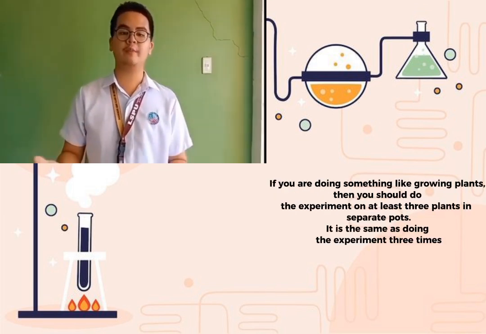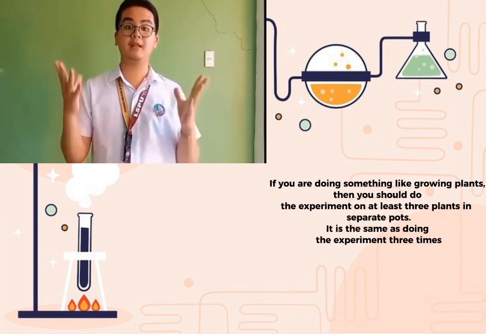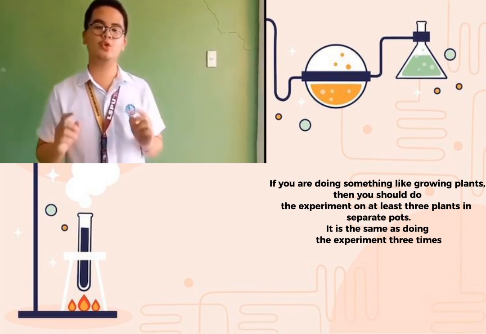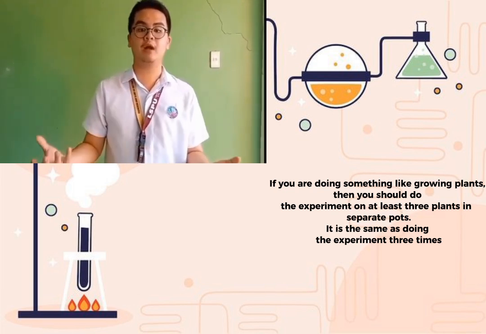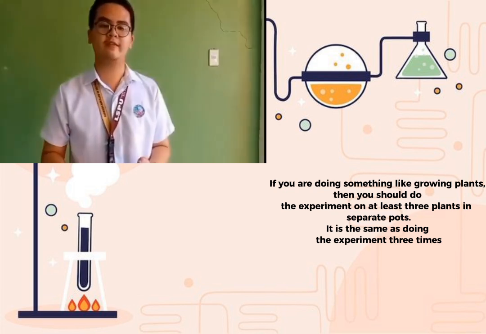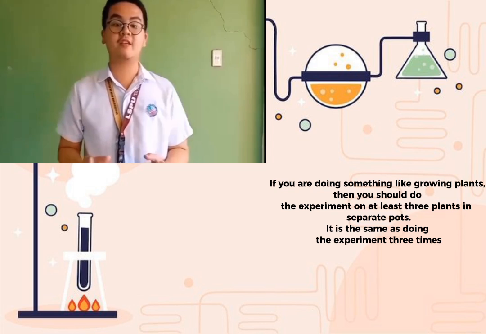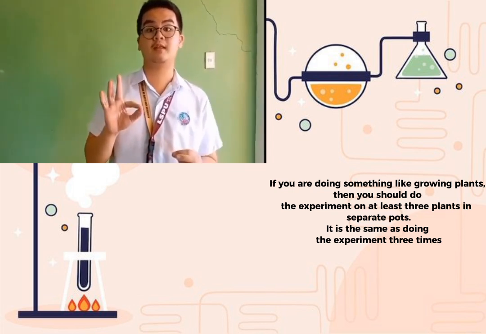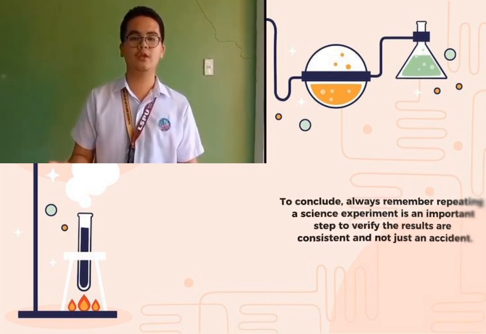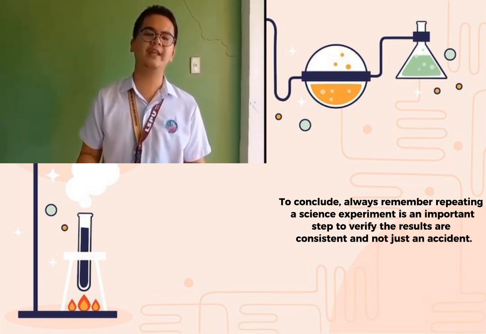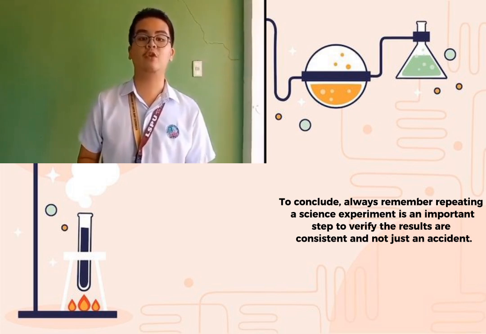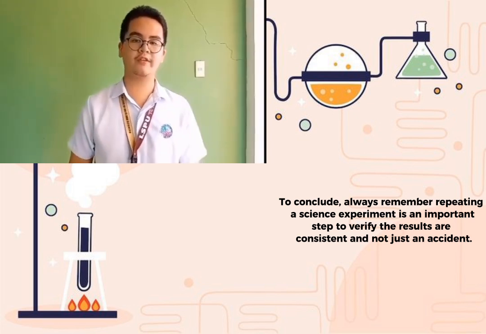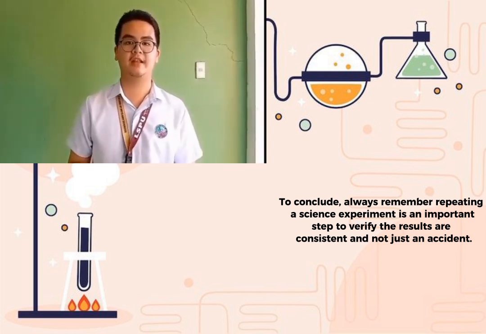If you are doing something like growing plants, then you should do the experiment at least 3 times in separate months. It is the same as doing the experiment 3 times. To conclude, always remember, repeating an experiment is an important step to verify the results are consistent and not just an accident.